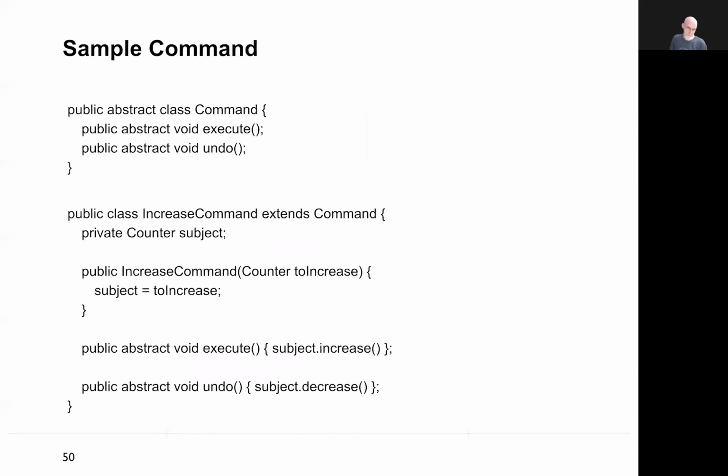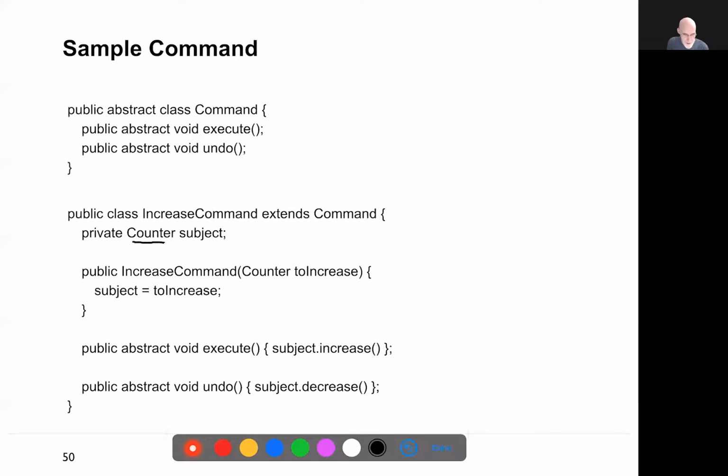And the sample command, which is pretty hokey, sort of gives you the basics. We have some object, in this case a counter object, and we want to be able to call increase on that object.